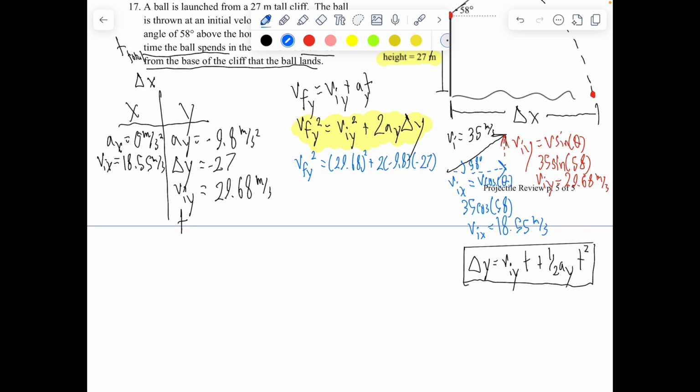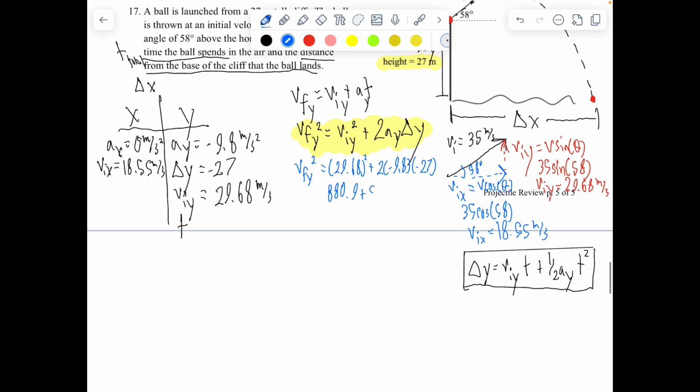Now we just have to use our calculator to help us find this out. 29.68 squared gives us 880.9. Then 2 multiplied by 9.8 multiplied by 27 gives us 529.2. Since we're multiplying a negative by a negative, those negatives cancel out.